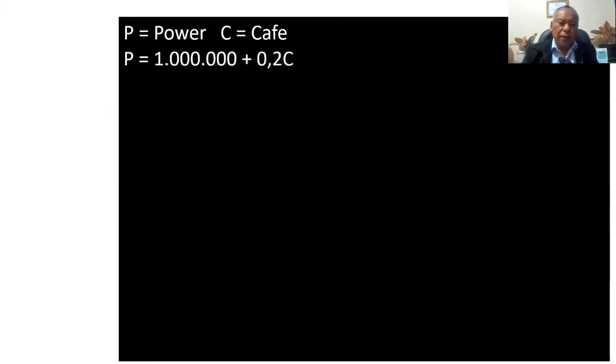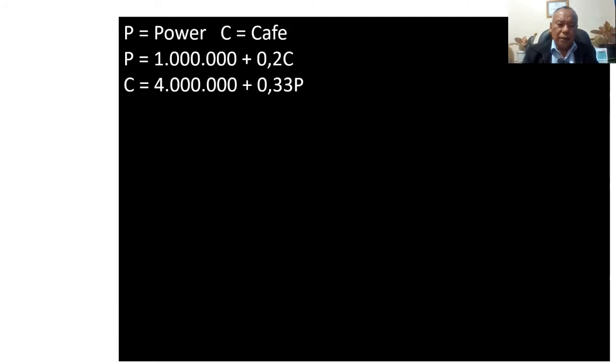So we can make the algebraic equation P equals 1 million plus 0.2 C. Actually, this is 20%, so we eliminate the percentage and use the ratio. And also C, cafe, equals 4 million plus 0.33 P, or power.